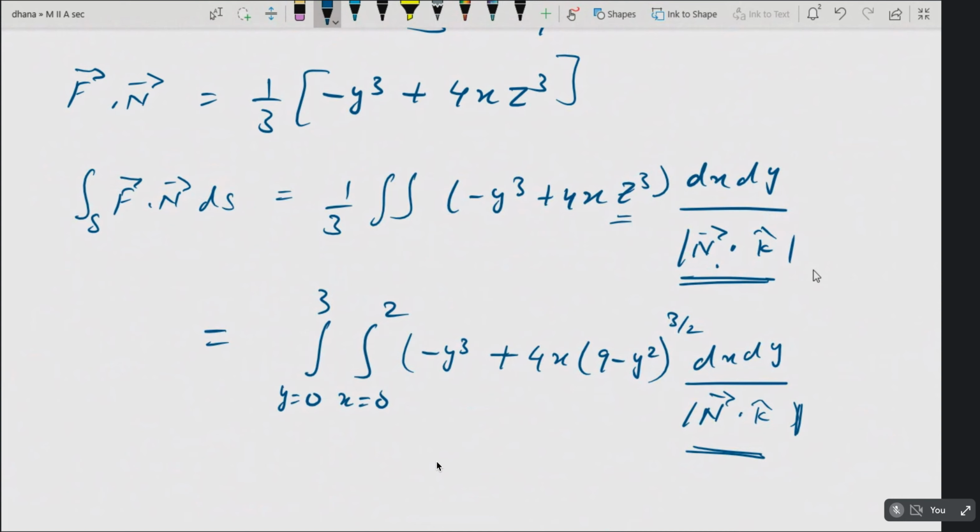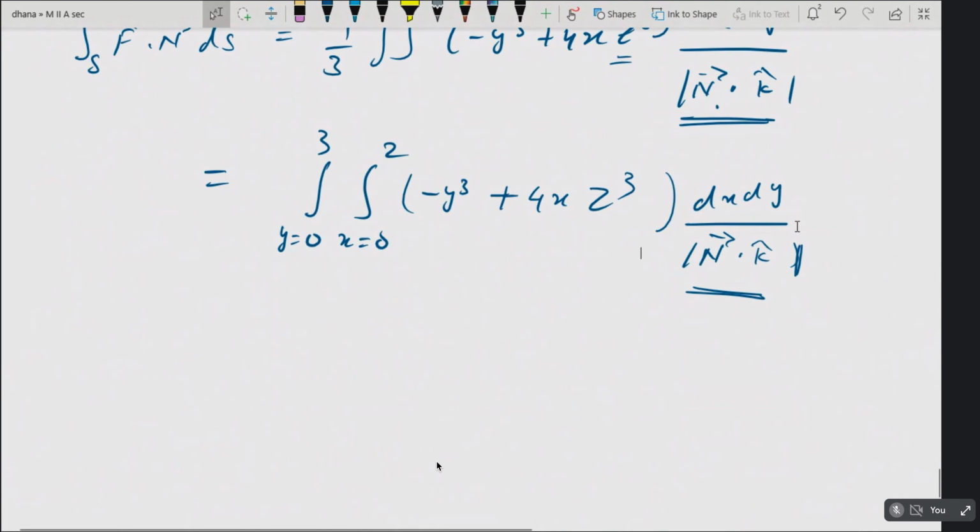Okay, let me write 3 by 2 only, then you simplify it further. Let it be z cube only. You simplify the denominator part, cancel everything if possible, and then replace your z. Will you be able to do it?